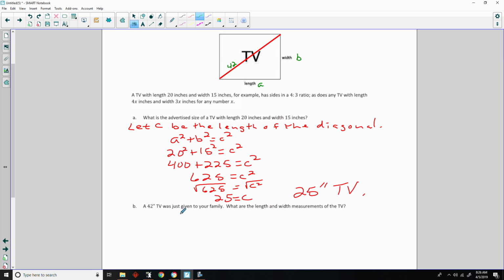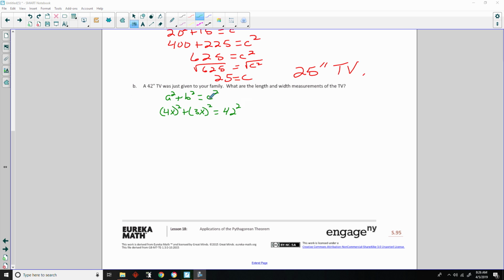So my formula for the Pythagorean theorem, A squared plus B squared equals C squared. A is in a ratio of 4 to 3, and we don't know it, so that'd be (4x) squared plus (3x) squared equals 42 squared. Okay, now when we put these in parentheses, don't forget to distribute your squaring.